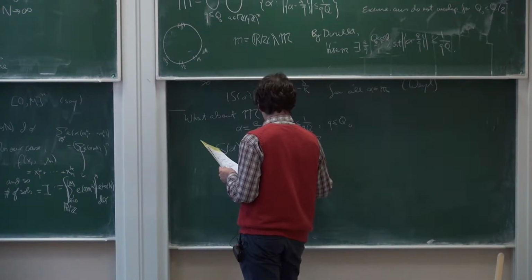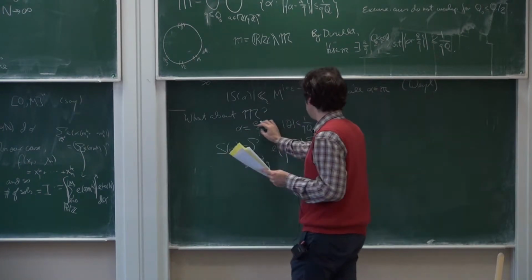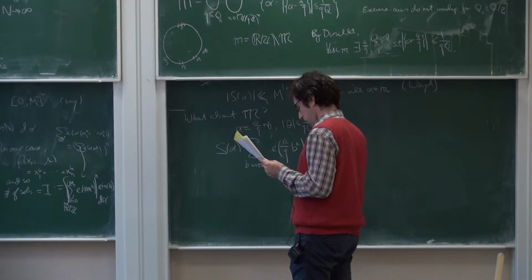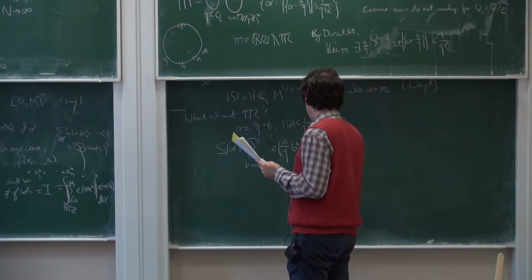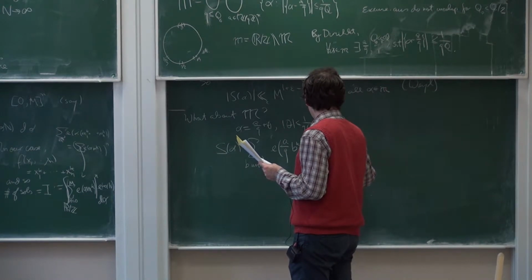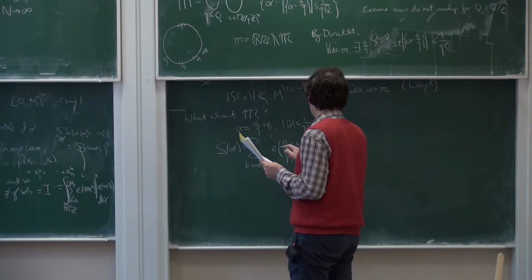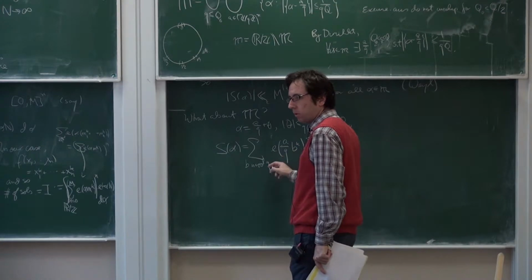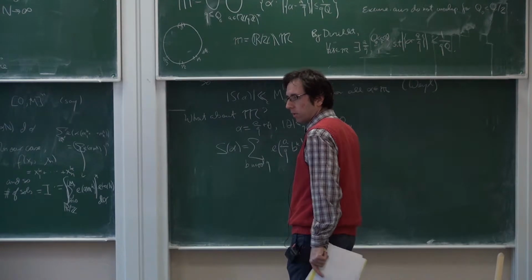So what have I done here? I have done two things. First of all, I have separated e(a over q times m to the k) from e(theta m to the k). But e(a over q times m to the k) depends only on the congruence class of m modulo q. So I can write e(a over q times b to the k).